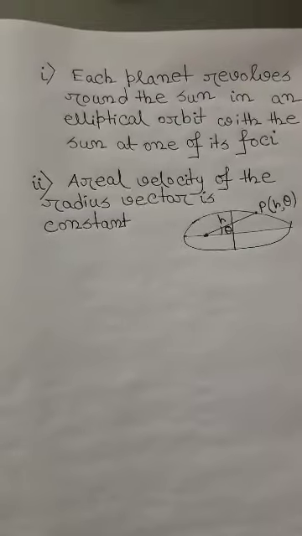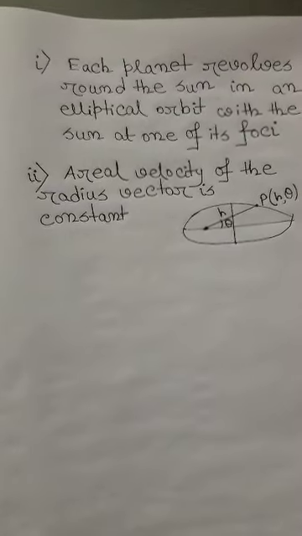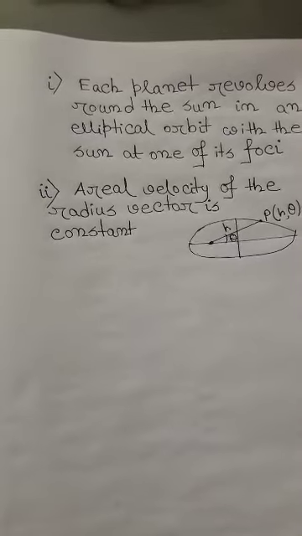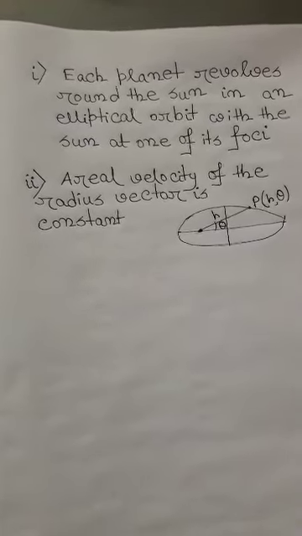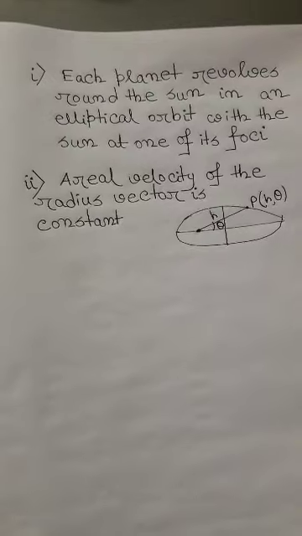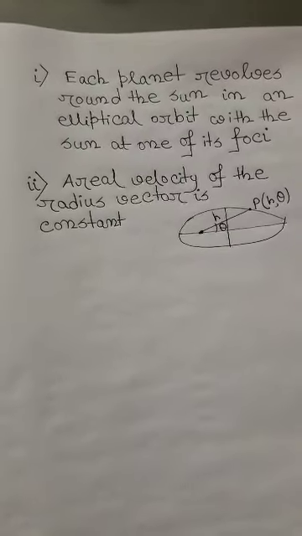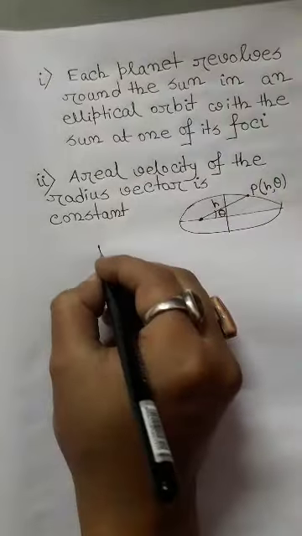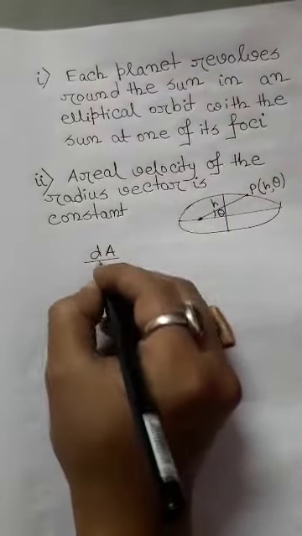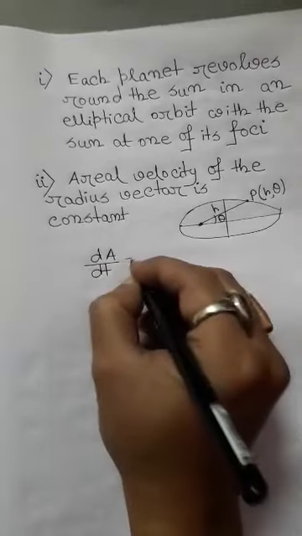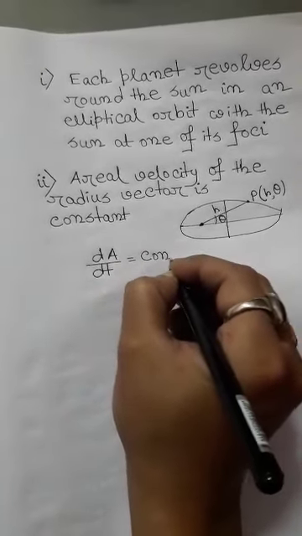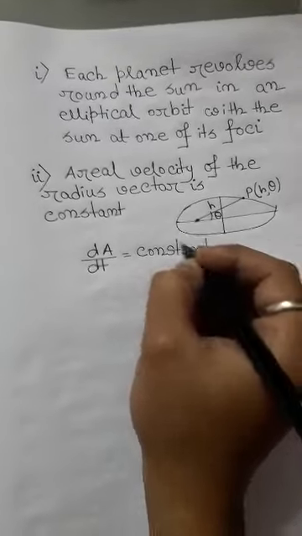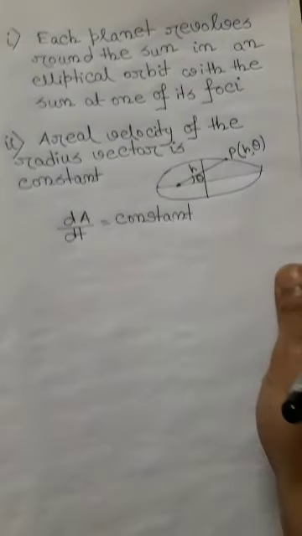Or simply you can say the line joining the sun to any planet traces out equal areas in equal time intervals. That means the areal velocity, the area swept out per unit time, is constant. So this represents the second law. How can we prove it?